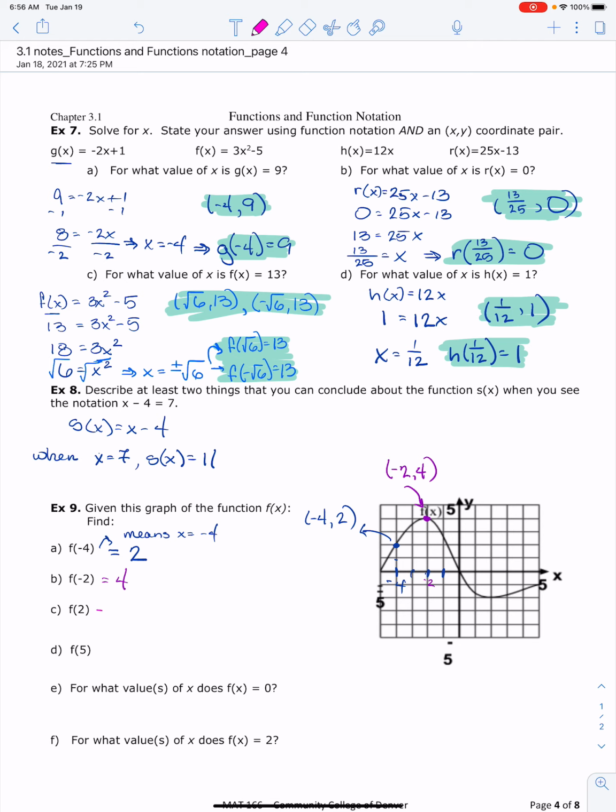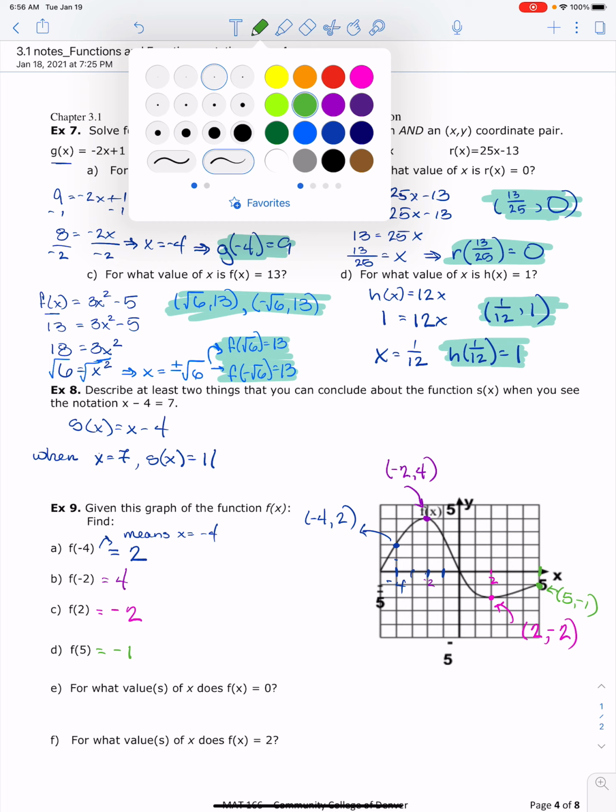F of 2, other side, here's my 2. Looks like it goes down 2. So I've got this point here, positive 2, negative 2. F of positive 2 is negative 2. And our very last one, f of 5, is right here. Here's the point, 5, negative 1. So f of 5 is negative 1.